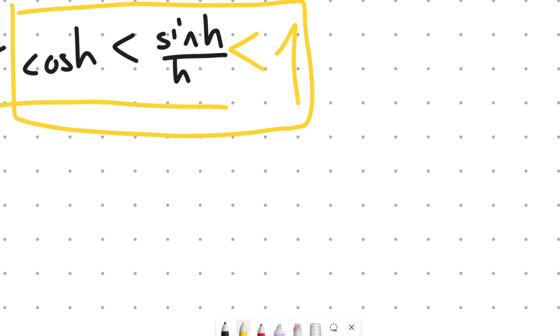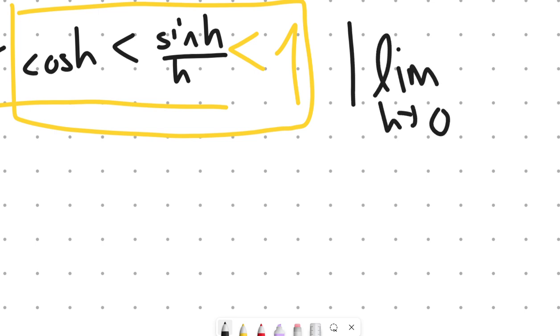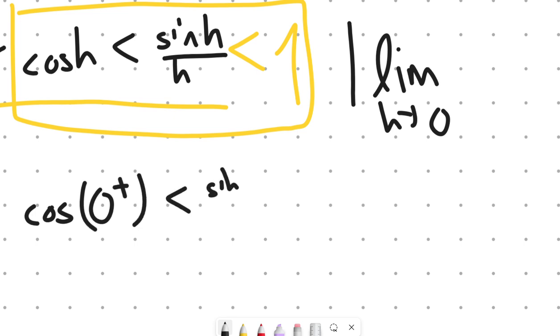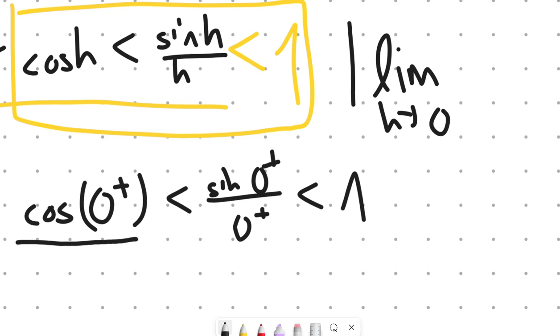Now let's use the limit definition as h approaches 0. Let's put h into the cosine of h, so we have cosine of 0 plus, which is almost just equal to 1, and this is smaller than sine of h over h, which is smaller than 1, and the limit of 1 is just 1.